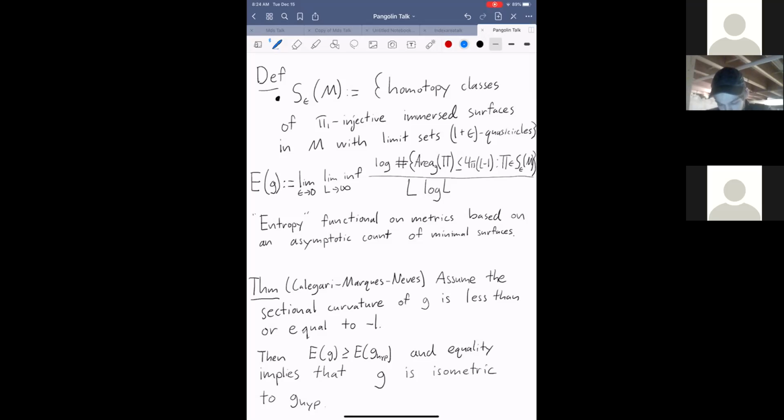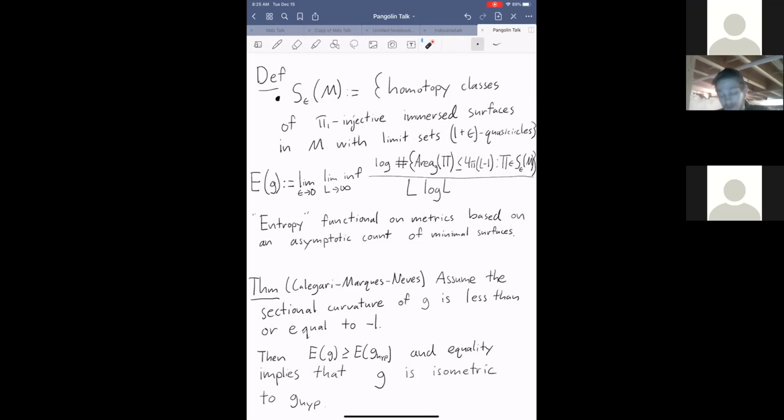And what this area sub G means, of an element of S_epsilon of M, is this: the area of a homotopy class of a pi-1 injective immersed surface is just the smallest area over all surfaces in that homotopy class, which, as I explained on the previous slide, you can realize by an immersed minimal surface.